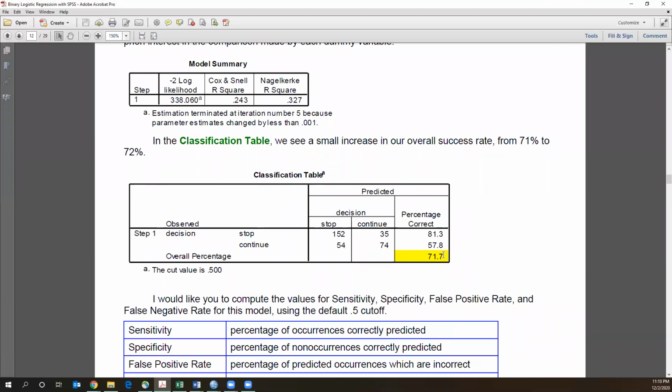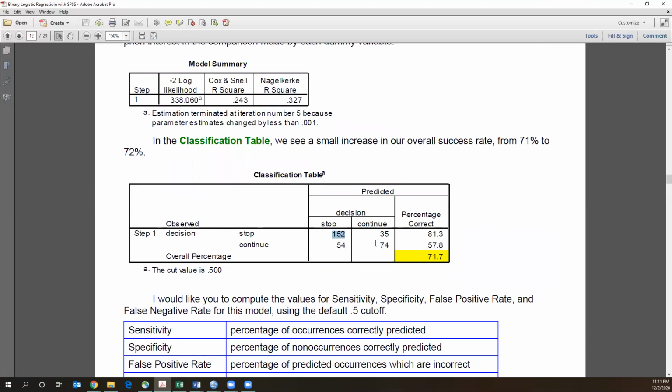We have a 71.7% correct prediction. Remembering that our sensitivity is the percentage of occurrences that were correctly predicted. And then our specificity is the percentage of non-occurrences that were correctly predicted, which is here.